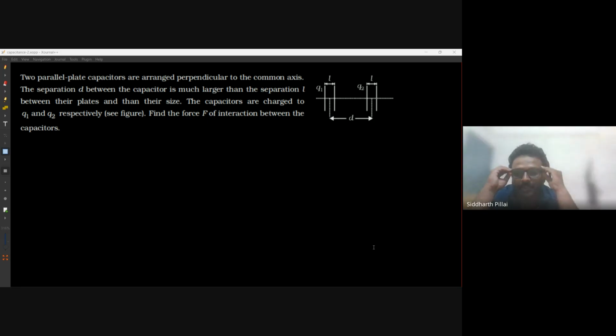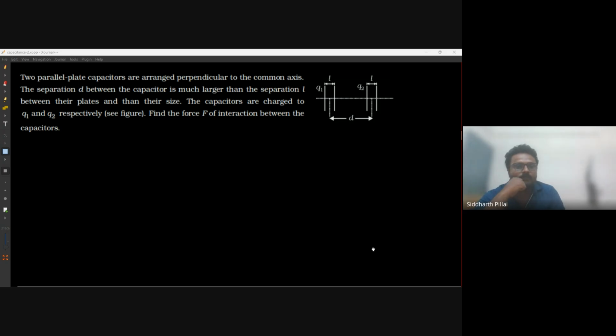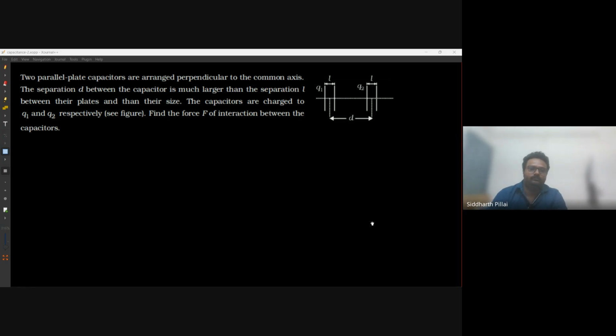Okay, sure. But in the denominator, you're getting D square, right? Q1, Q2 by D square, basically the dimension of D square. Okay. Fine. Okay, so let me start the problem then.